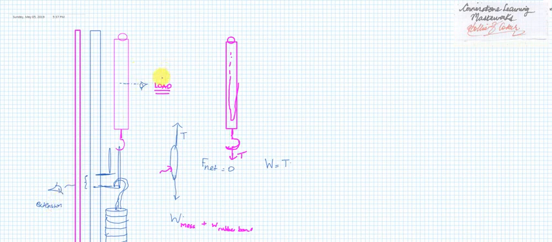And here is where you read off your load. And that's what you're actually tabulating. Extension, load, right? And then making your table. And you really should do the increasing and decreasing.